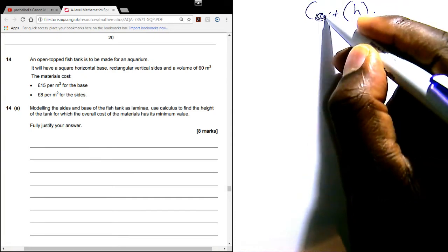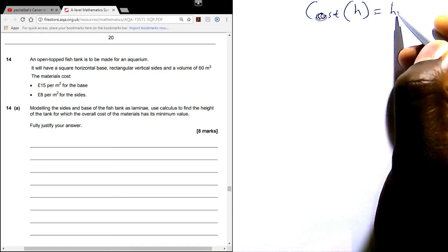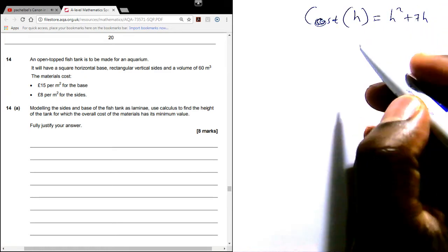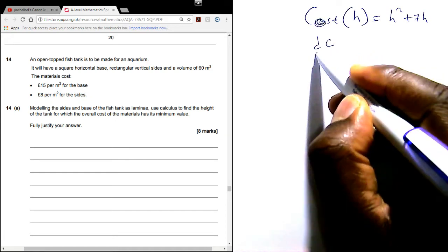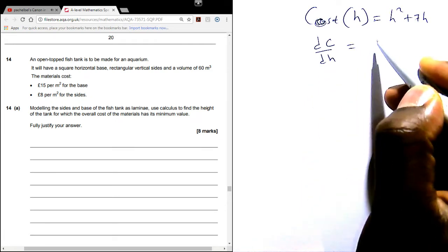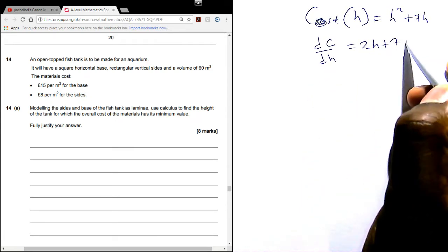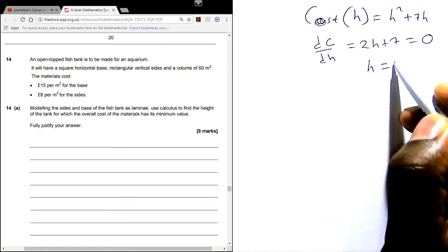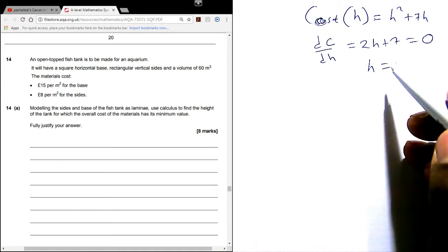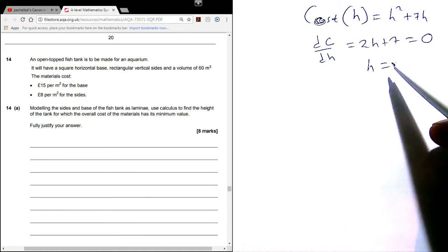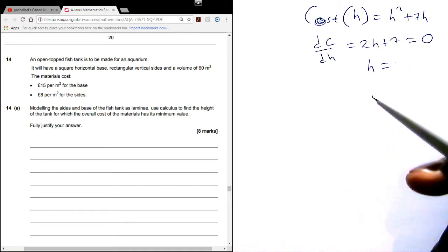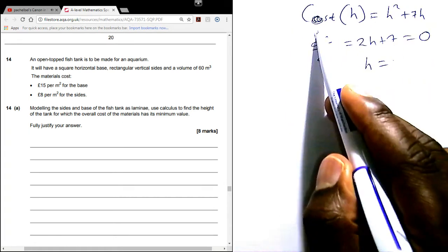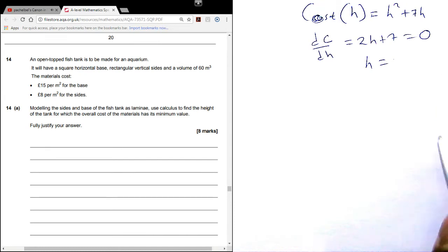Then if that gives you height squared plus 7 height, whatever, you can now find dc/dh of this, which is 2h plus 7, equated to 0, and whatever the value of height is, this cannot be negative anyway, is the point where it's either a maximum or a minimum. So we need to come up with a relationship between cost and height of the tank.